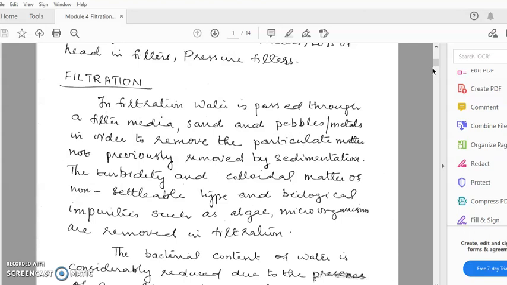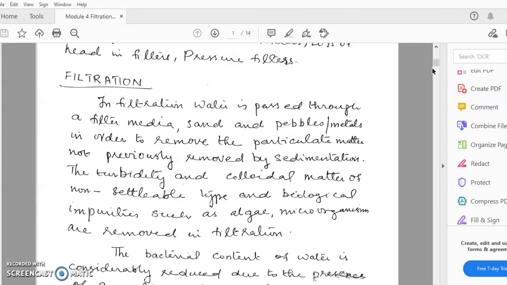So in the earlier classes, we were discussing sedimentation and removal of settlable particles by gravity or by coagulation and sedimentation. Now we know that a certain portion of the non-settlable colloidal particles is made into flocks, or forced to settle by forming flocks using coagulants.